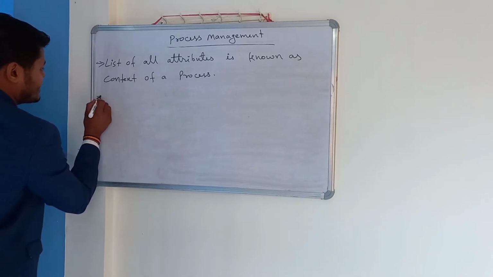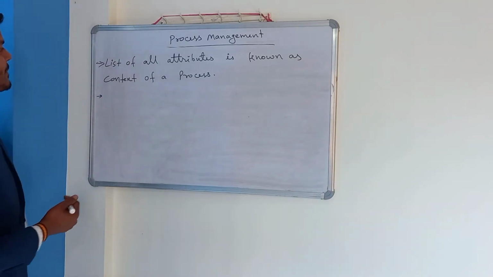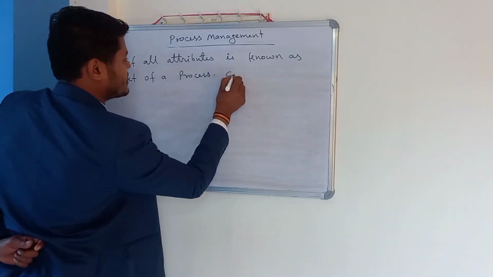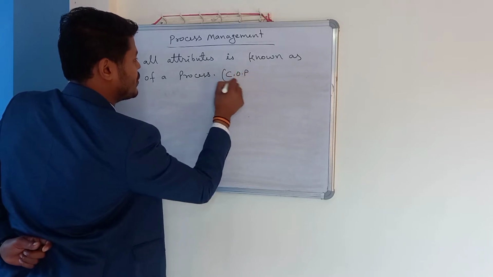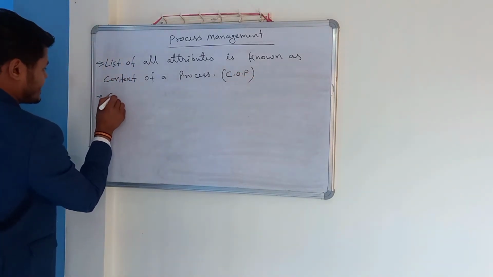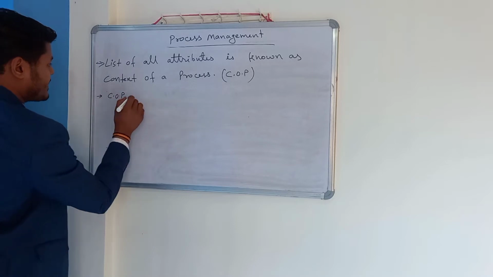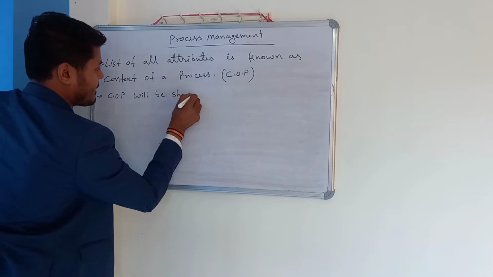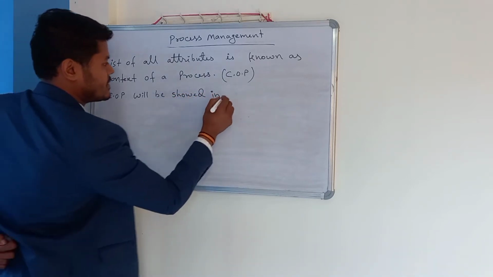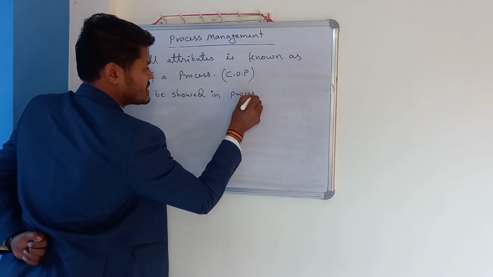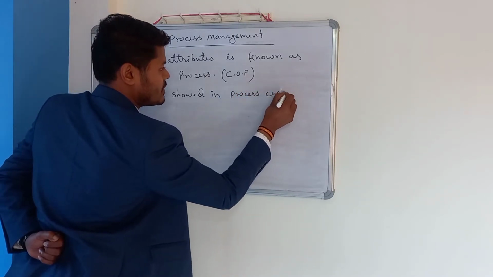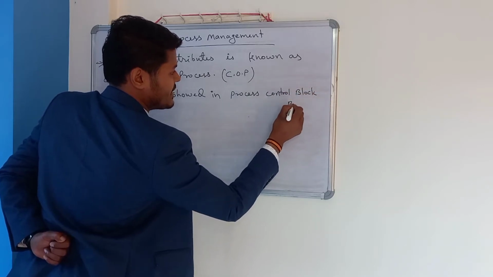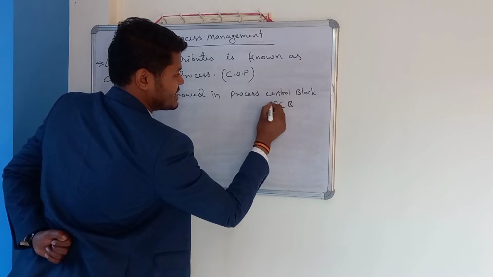In the next point, the context of a process, in short COP, will be stored in the process control block, in short PCB.